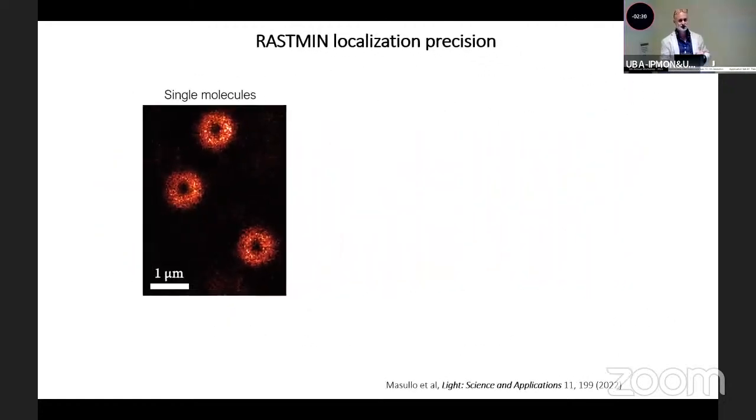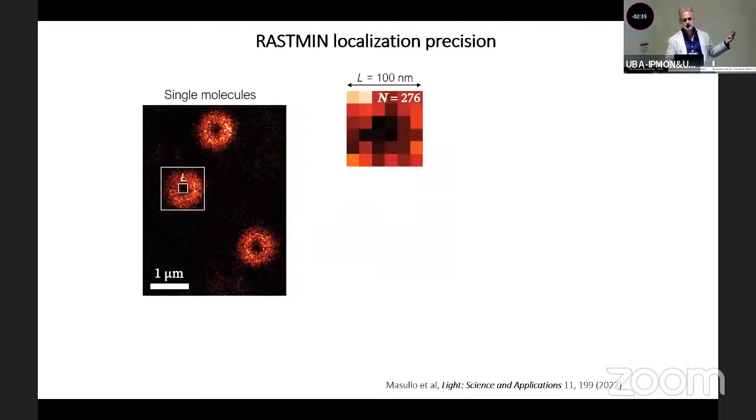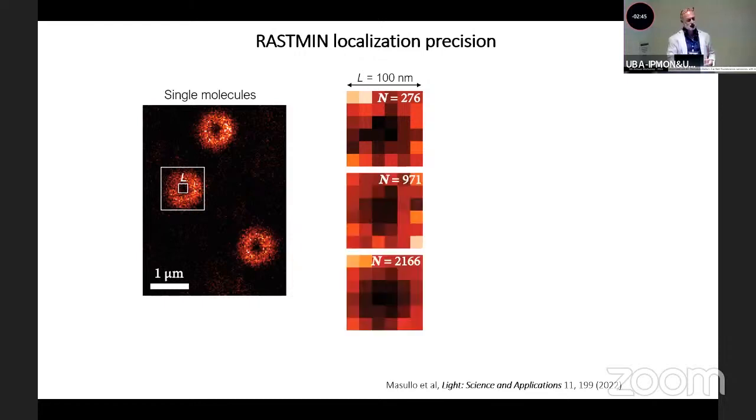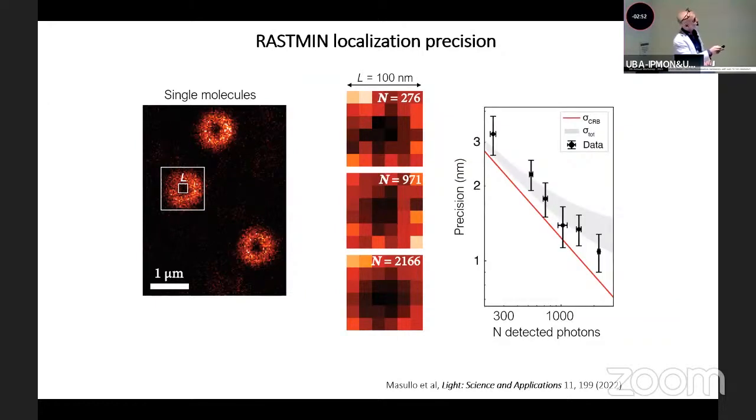So here you see some single molecules. If you scan a single molecule with your donut, it looks like a donut, of course. And then what you have to do is to pick one and start scanning a small area. That's as simple as that. You start scanning a sub-diffraction area, in this case of 100 nanometers. And if you see more and more photons, you see that minimum better and better, and you can pinpoint its position. And this is the localization error.